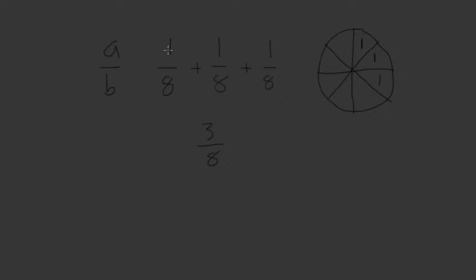And the numerator represents the total number of equal pieces that you actually have. Another way of saying it is the total number of equal parts out of the total number of equal parts of the item. So anyway, that's pretty much the best I can do when it comes to explaining the difference between the numerator and the denominator.